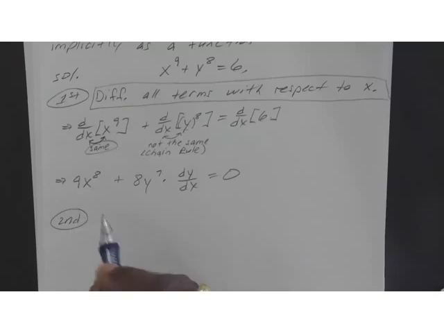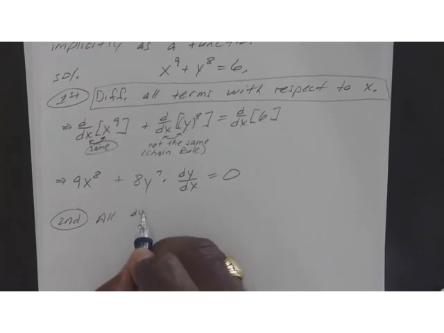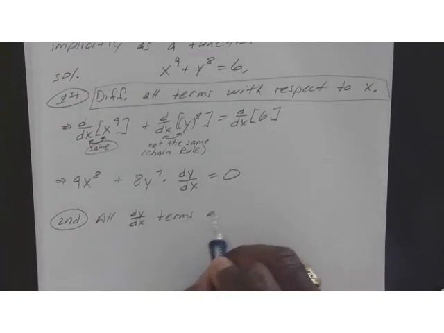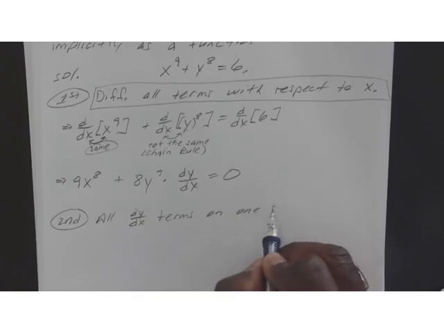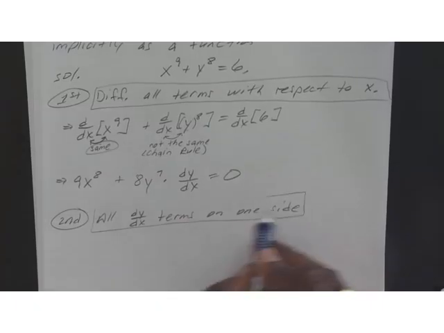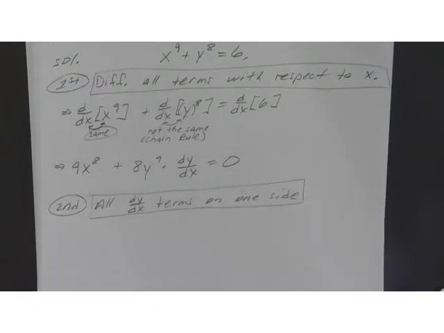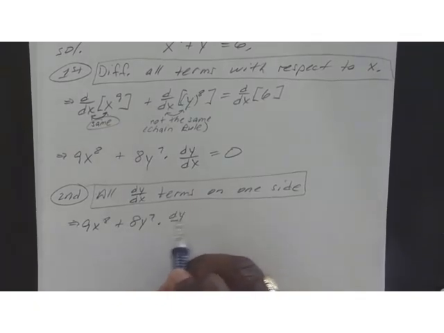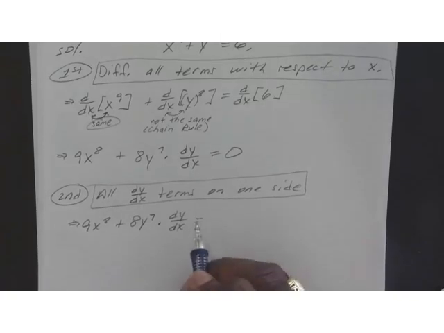Which brings us to our second step. We're going to put all dy dx terms to one side and everything else on the other side. That means that 9x to the 8th power plus 8y to the 7th power times dy dx is equal to 0.